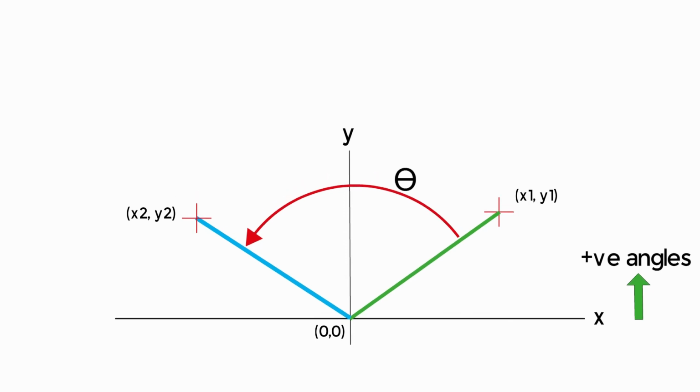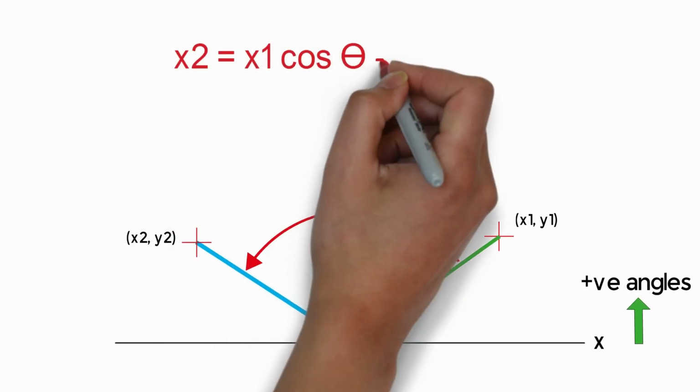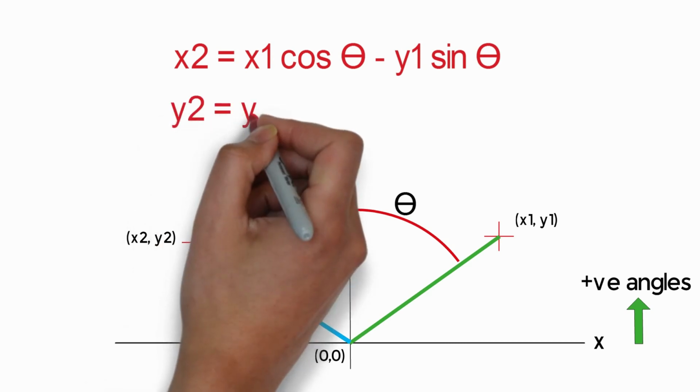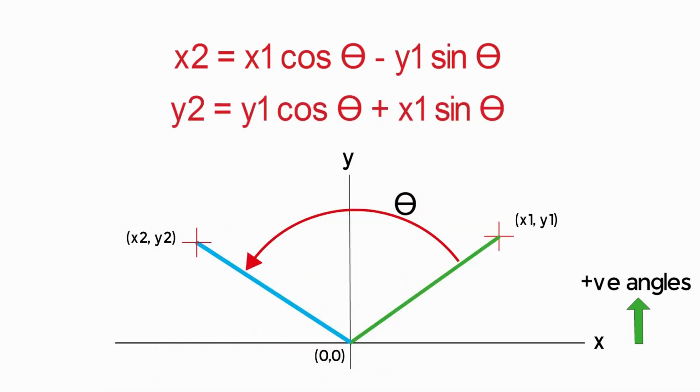So our equations to rotate this point around the origin are that the new x-coordinate x2 is equal to the original x-coordinate x1 times the cosine of our angle theta minus our original y-coordinate y1 times the sine of theta. And our new y-coordinate y2 is equal to y1 times the cosine of theta plus x1 times the sine of theta. Again, all of these rotations are based around our central origin point.